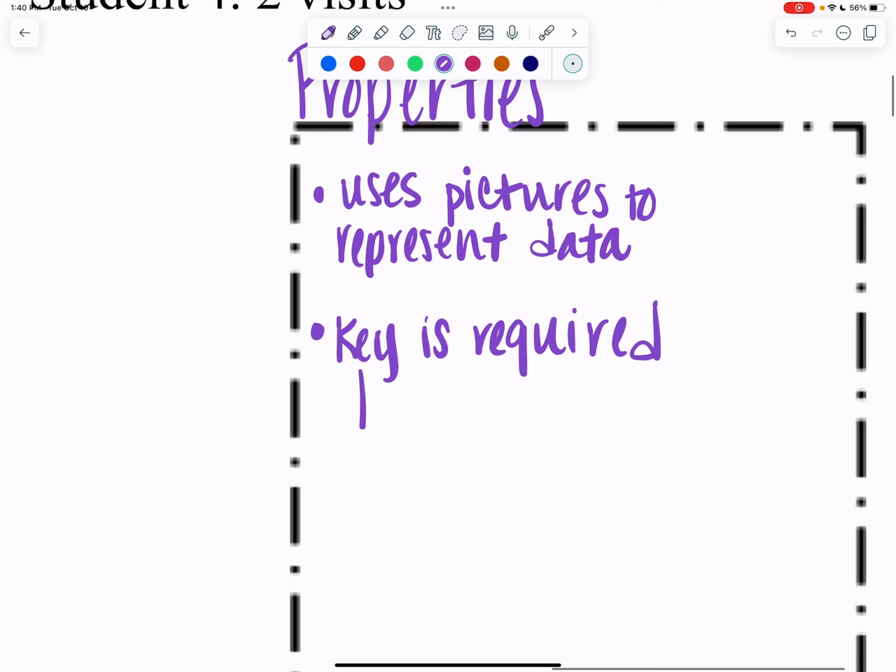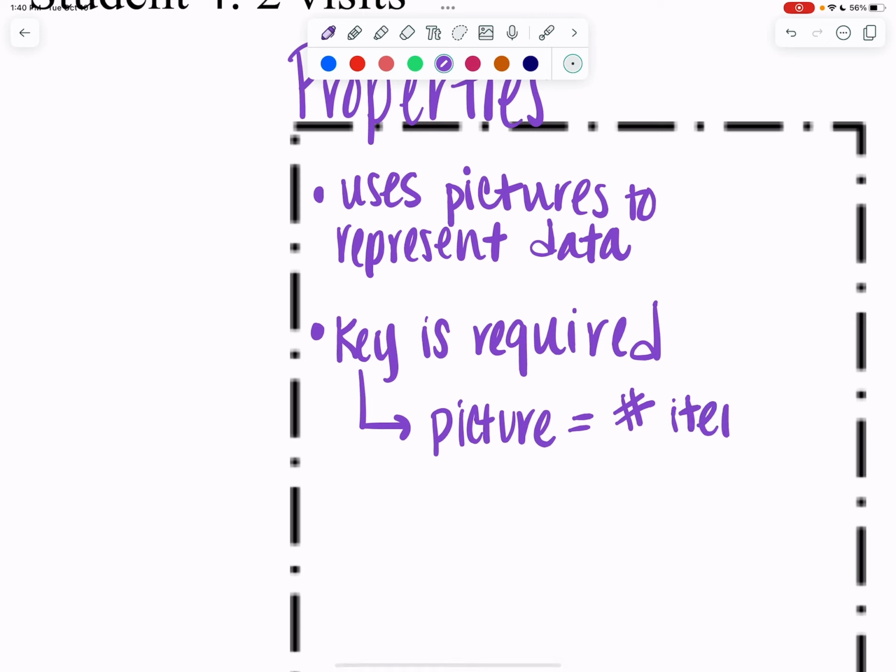A key tells you that one picture equals so many items. So instead of having to draw out 400 of the same thing, we might say that one golf ball equals 12 holes that were played.